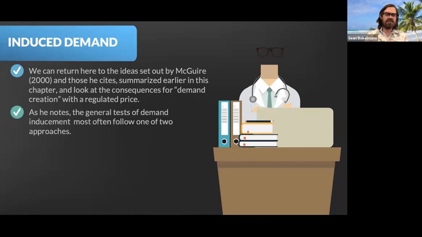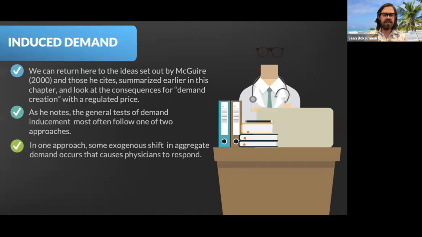And as he notes, the general tests of demand inducement most often follow one of two approaches. In one approach, there's some exogenous shift in aggregate demand that occurs that causes physicians to respond. If any of you took econometrics and learned about instrumental variables, this is kind of an instrumental variable analysis, almost, not exactly, but kind of the same idea, right?